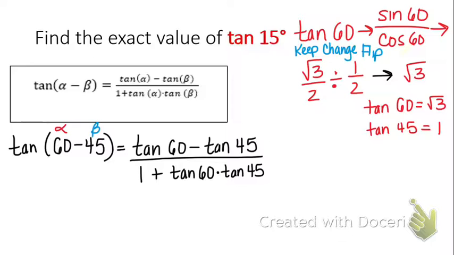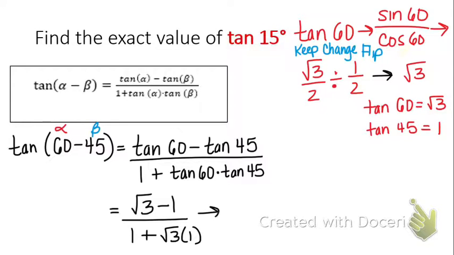So let's go ahead and substitute that in. So wherever you see tangent of 60, we're going to put a root 3. And whenever you see tangent 45, we're going to put a 1. So that's going to give us root 3 minus 1 all over 1 plus root 3 times 1.